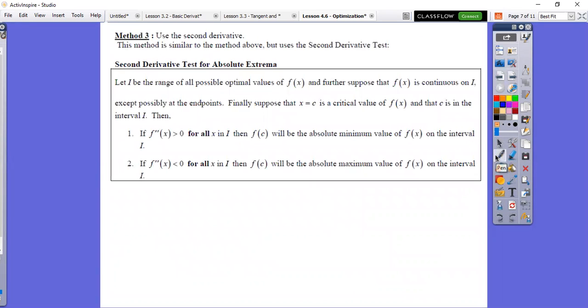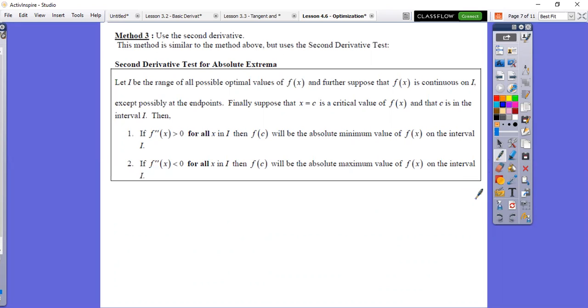The third one is the second derivative test for absolute extrema. And this one I don't use very often because typically when we're looking for minimums and maximums, we will have the first derivative. The second derivative test can tell me a little bit more about what this function does graphically, but for optimization, I don't tend to use it very often. But if you decide to use it, instead of finding values to the left and right of your critical values, you're going to think about the value of the second derivative around your critical value.